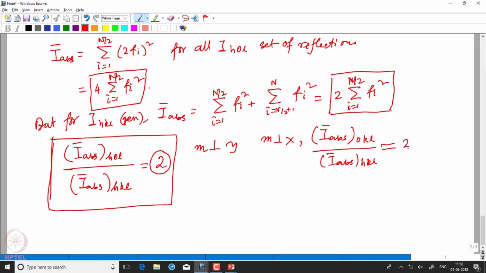That will indicate the presence of a mirror perpendicular to x, and similarly a mirror perpendicular to z also can be found using this method. So with these two statistical analyses of your observed data, one can identify the presence of a mirror or a two-fold axis which otherwise cannot be found using any systematic absence conditions.